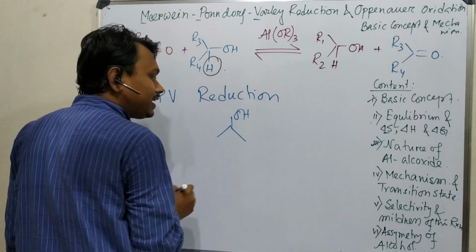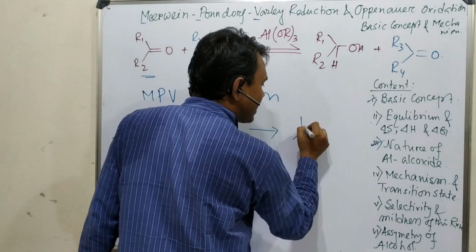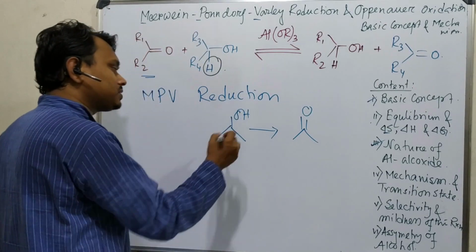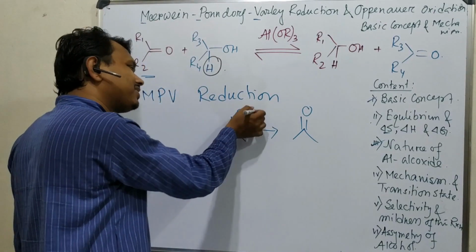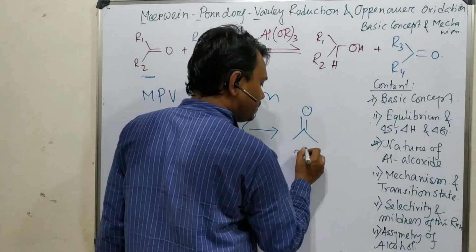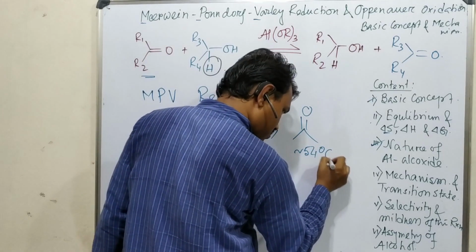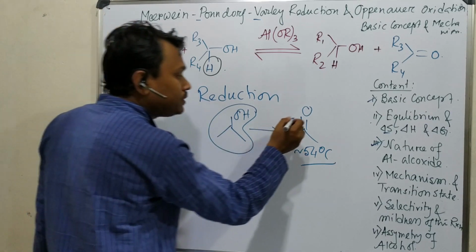What is another advantage of isopropyl alcohol? It produces acetone as a byproduct. And if you see the boiling point, this is more than 80 degrees, while ethanol is around 100 degrees. Let's consider its boiling point is around 54 degrees. I am not sure about the boiling point, I am just giving a qualitative idea. So the boiling point is lower.